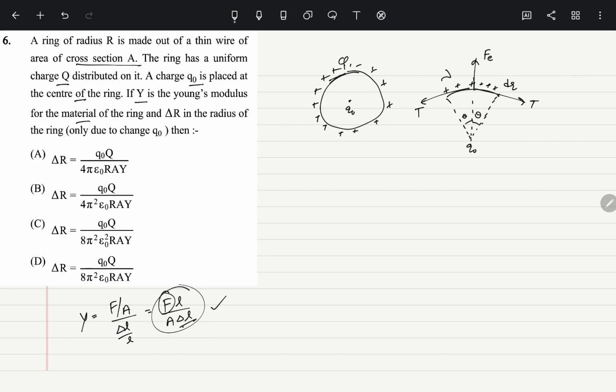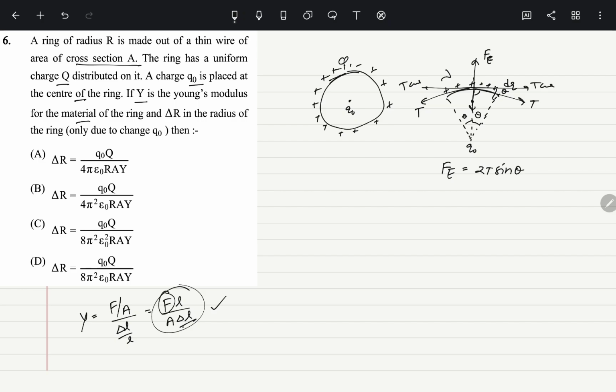Now the tension acting in this direction will have a component. This angle is theta, this is 90, so this 90 minus theta will be theta. So T cos theta will be cancelled out. We will have two components in this direction. Now at equilibrium we can say that Fe is equal to 2T sine theta. I hope you understood this one.